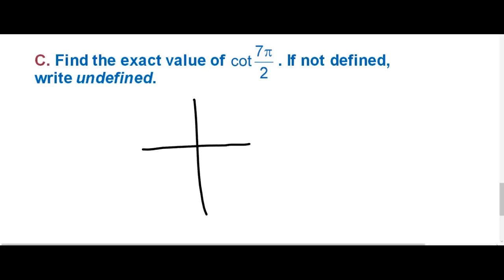Now let's look at finding the cotangent of 7 pi over 2. If we count by pi over 2's, this will be our first pi over 2, and then our 2 pi over 2, 3 pi over 2, 4 pi over 2, 5 pi over 2, 6 pi over 2, 7 pi over 2 ends up being somewhere down here.